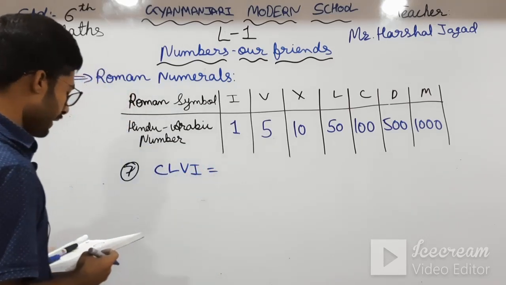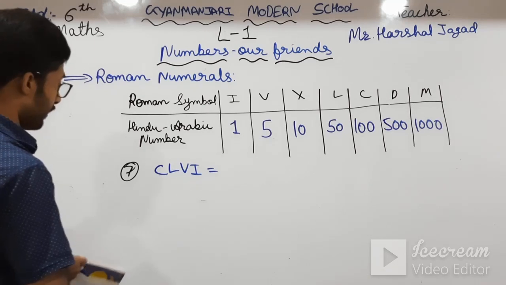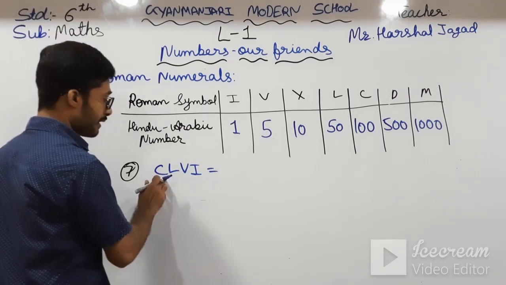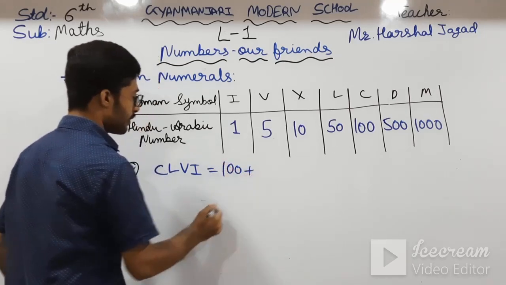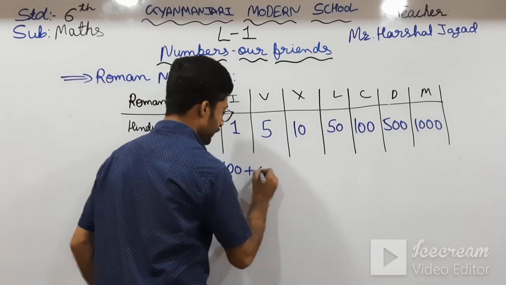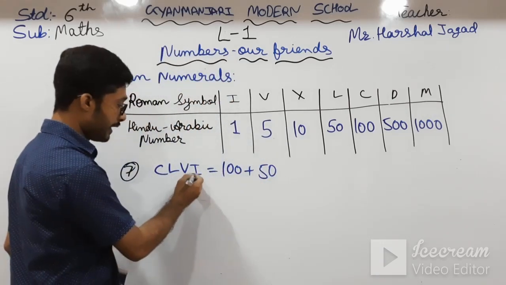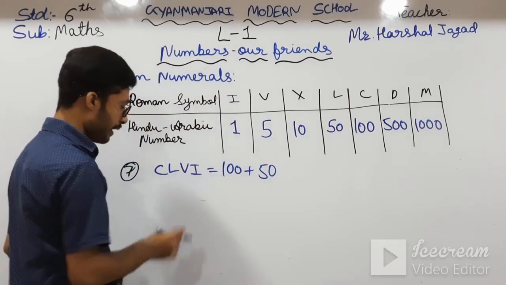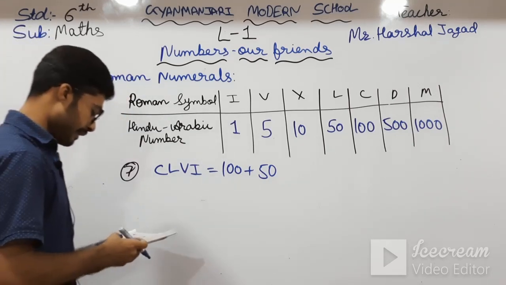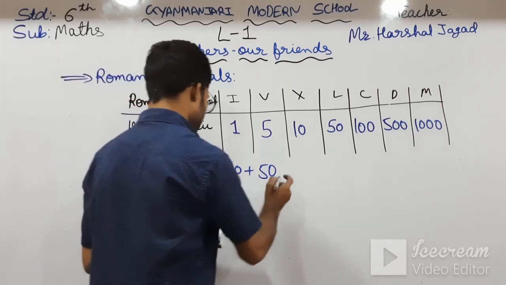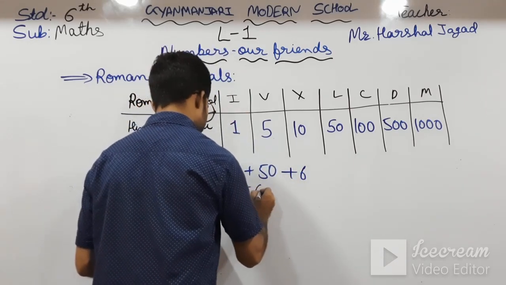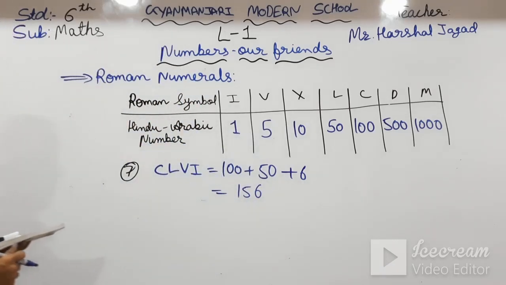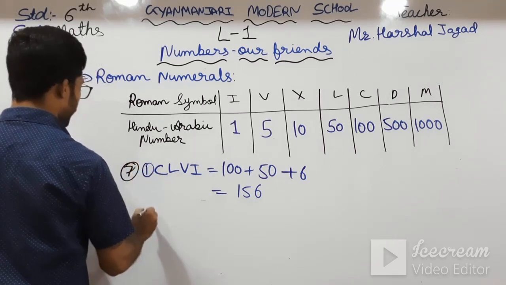Okay students, what is the value of C? That is 100 plus. What is the value of L? That is 50. And what is the value of VI? That is 5 plus 1. Okay students, 5 plus 1, that is 6. Then the answer will be 156. Okay students, the answer will be 156.